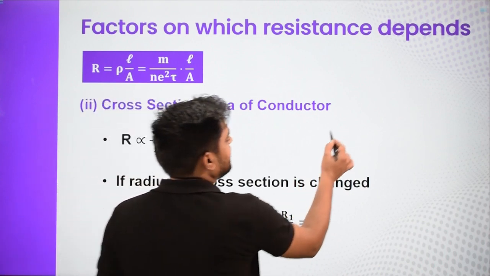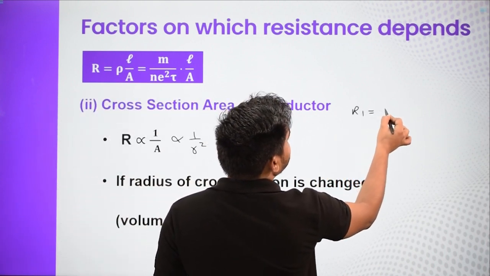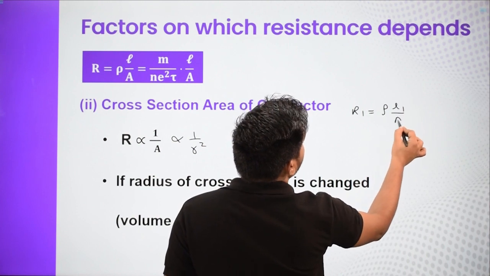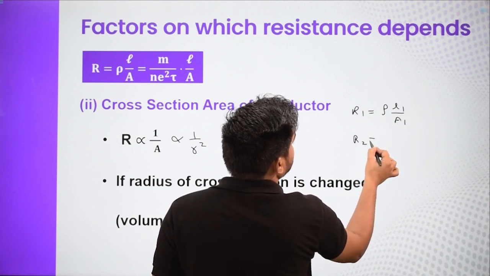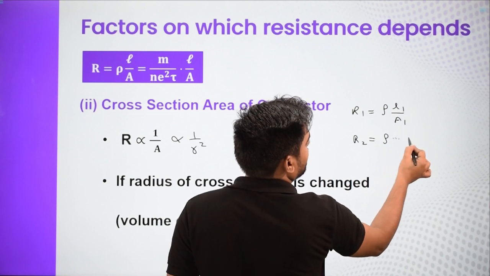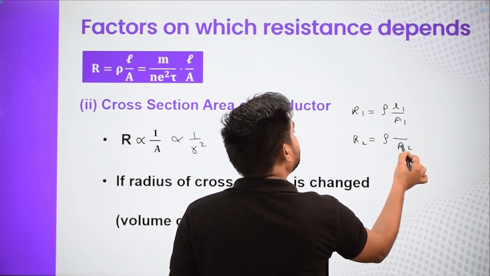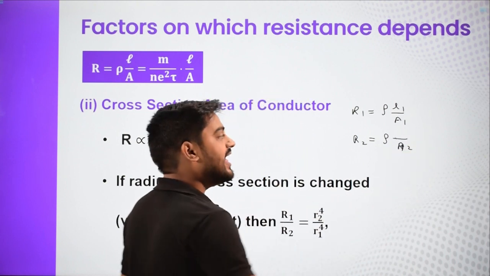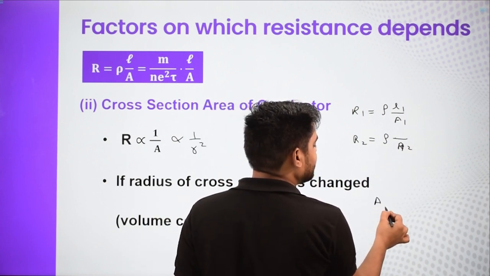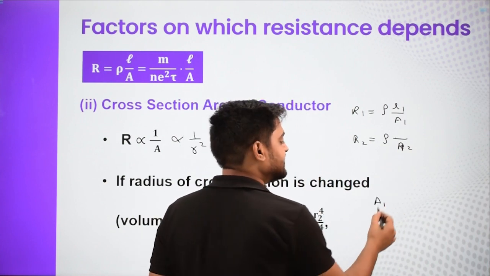So we can just write that R1 is equal to rho L1 by A1. R2 is equal to rho L2 by A2. Here I am keeping the area different and I am getting the new length. So we already had discussed that keeping the volume same will have this effect.